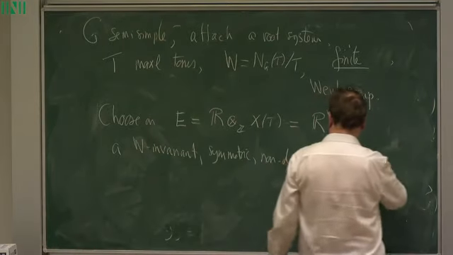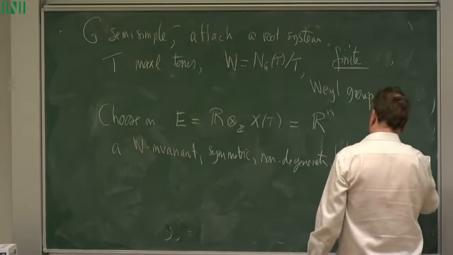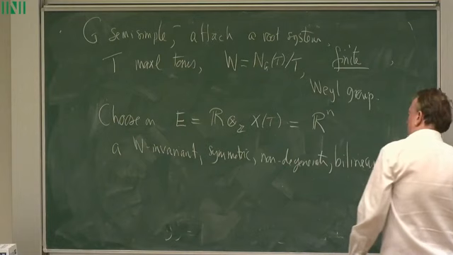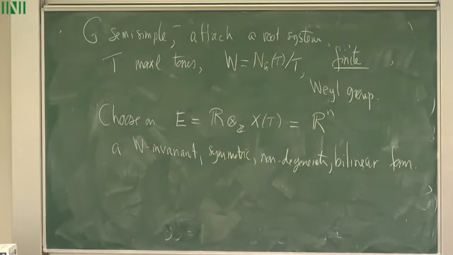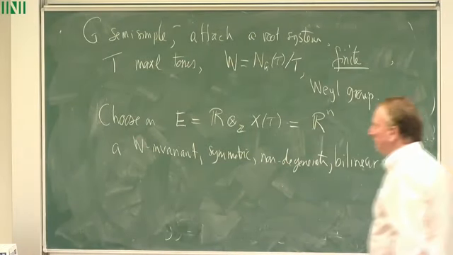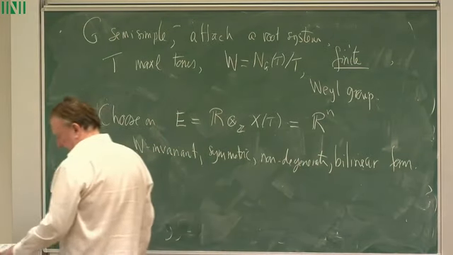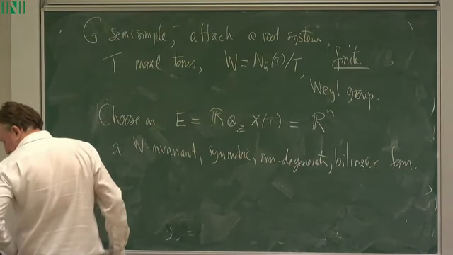Bilinear form. So that makes E into a Euclidean space, and then we have inside that the set of roots.